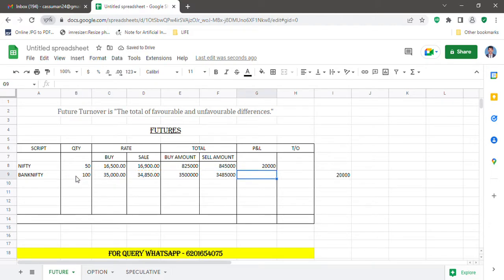Let's check the profit or loss. What happens? For that we have to subtract, that is sales amount minus buy amount. Oh no, there is a loss of rupees 15,000. However, in our video our main focus is on the calculation of the turnover.